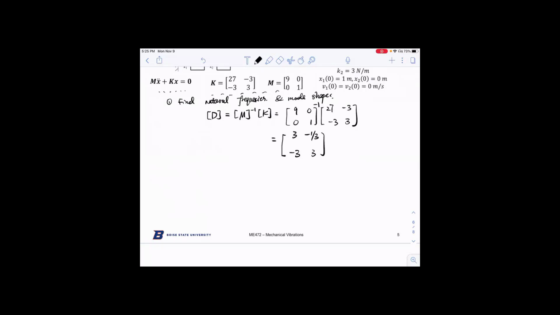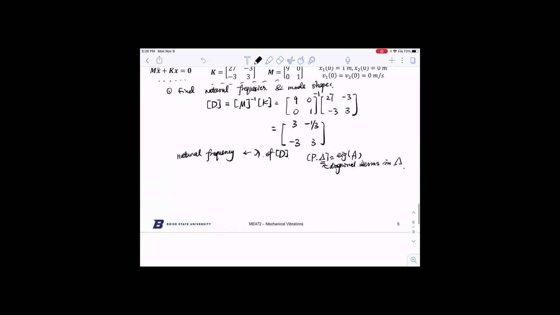So in order to find natural frequency, you need to find the lambda of the D matrix. Remember it's P and lambda, so all the lambdas are the diagonal terms in the lambda matrix here.